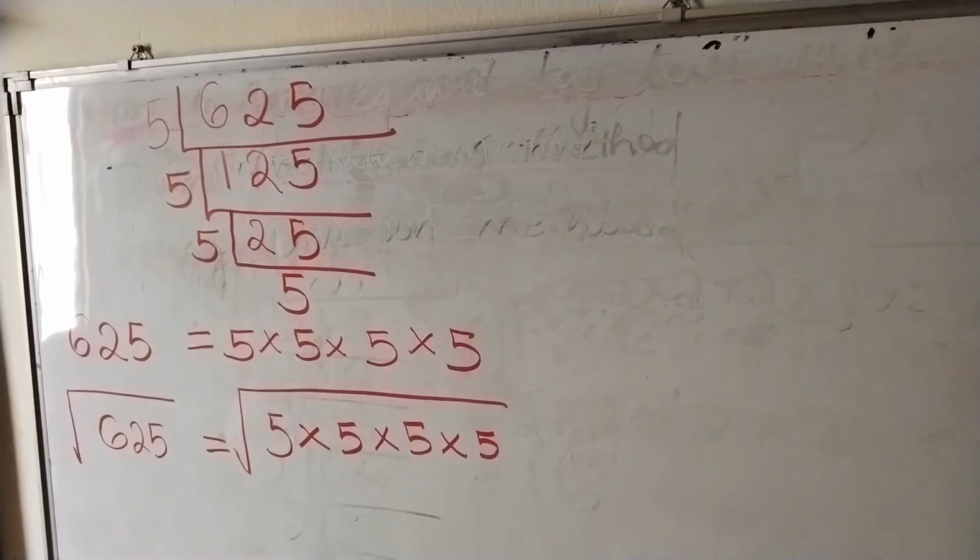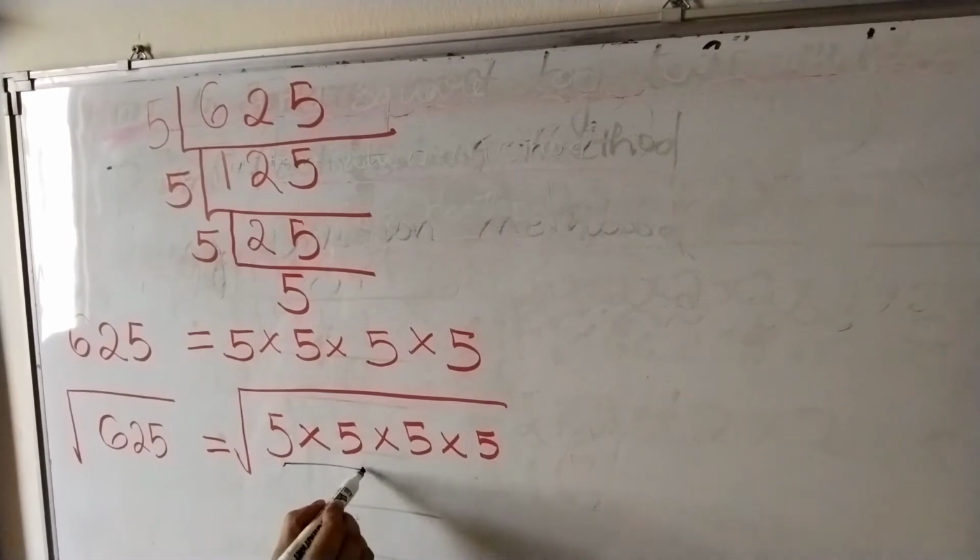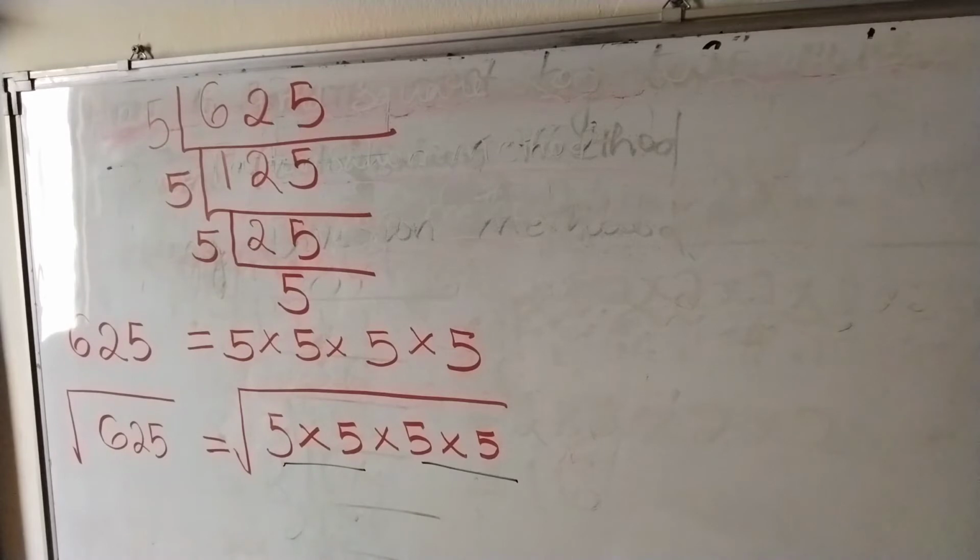From these, you have to take pairs. How many pairs are there? This is one pair, this is another pair. So we have 2 pairs of 5.